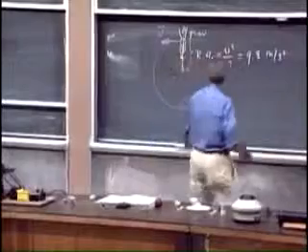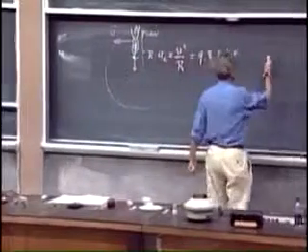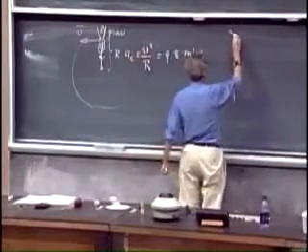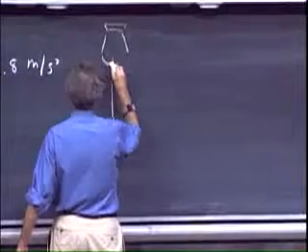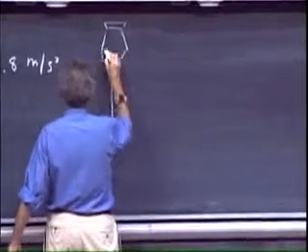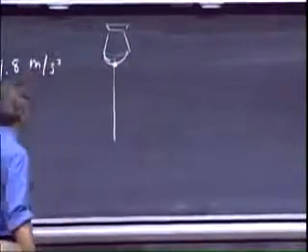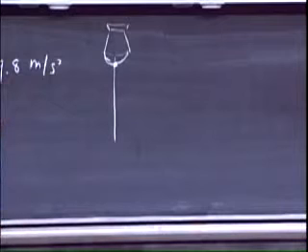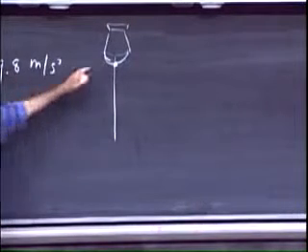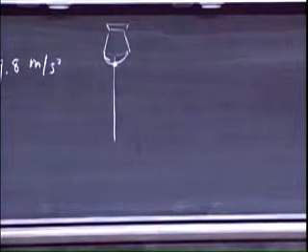bucket of water instead of you, and here is the bucket of water, I attached to the bucket a rope, I swing it around, and I swing it around such that the centripetal acceleration is substantially larger than 9.8.